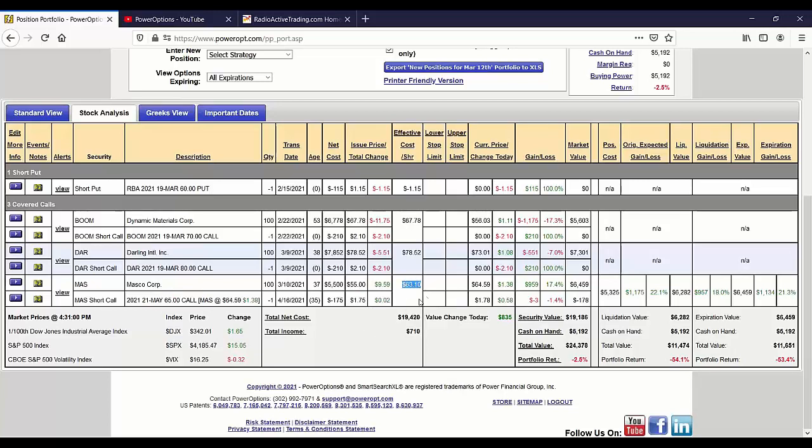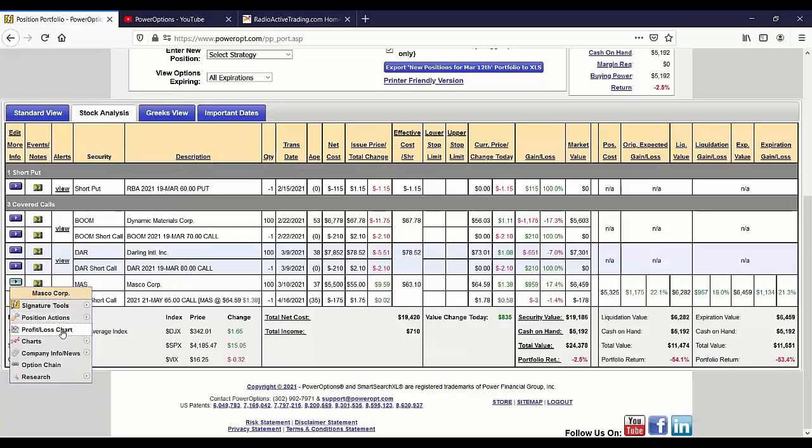But my effective cost per share has gone up to $63.10. Why? Because that's taking into account the premium I received plus the buyback cost of $9.60 or $9.30 that I put into the position. So my cost basis goes up $8.10. So now effectively I own shares of Masco at $63.10, and I have a May 65 call at $1.75.